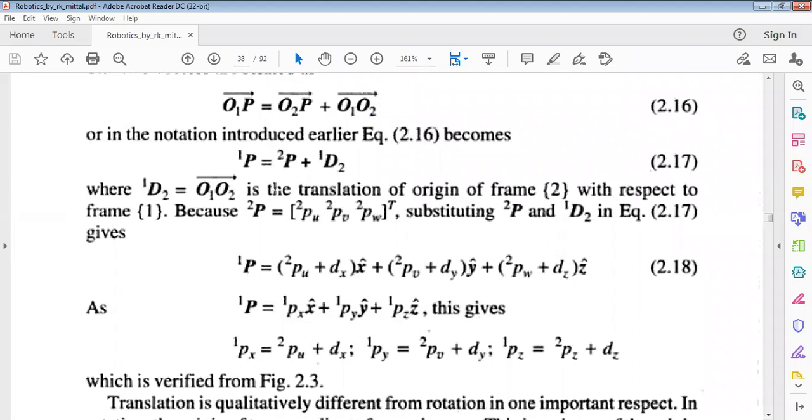This is the equation, the short form of mapping between translated frames: 1p = 2p + 1d2. This equation is written in homogeneous coordinates matrix form.